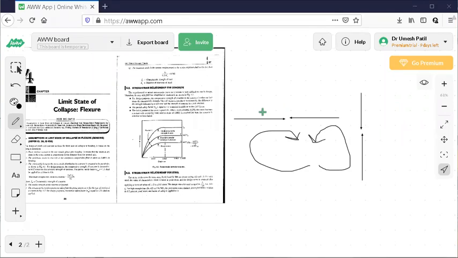Okay. Now observe here, the main discussion point is how the beam is resisting the bending moment. Right now your knowledge is that the beam is developing what is called moment of resistance, which is counterbalancing the external bending moment. Now you can see the mechanics of that.